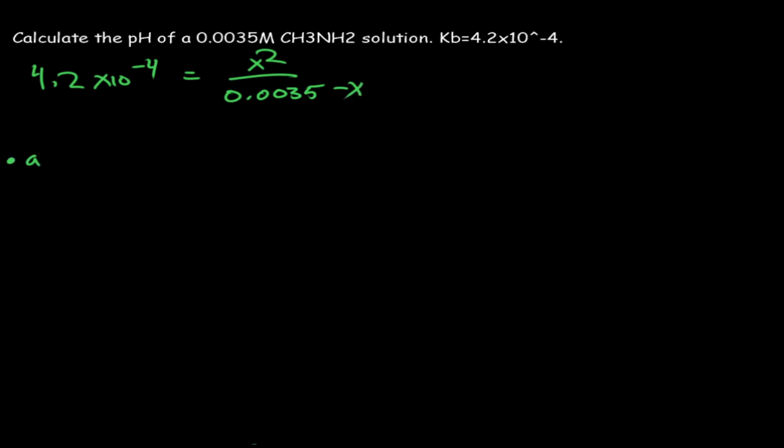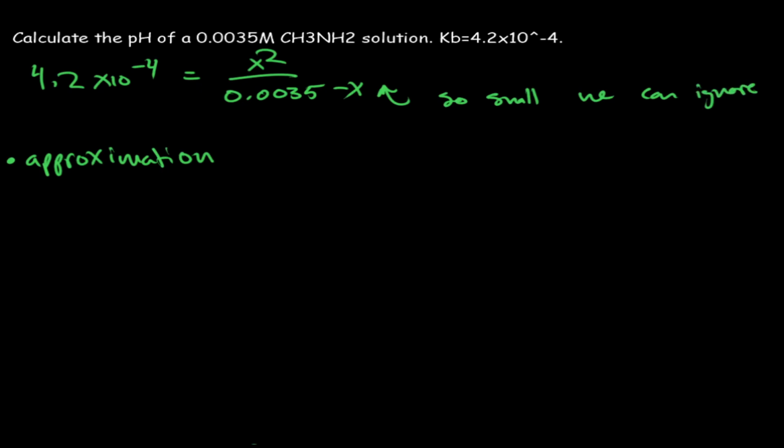If we use the approximation, we're assuming that this x value in the denominator is so small we can ignore it. It's not going to really change the initial concentration.